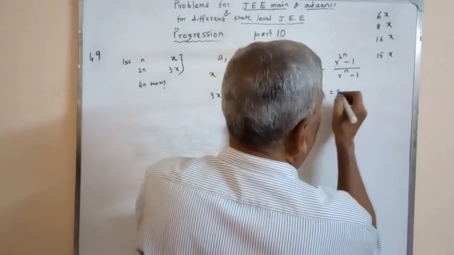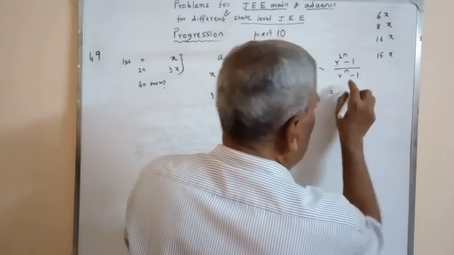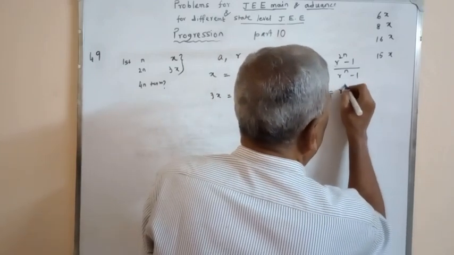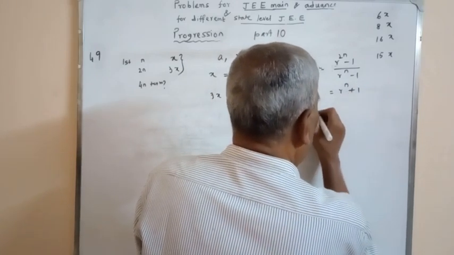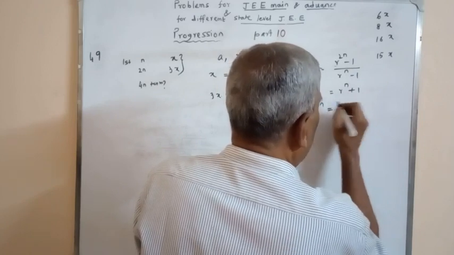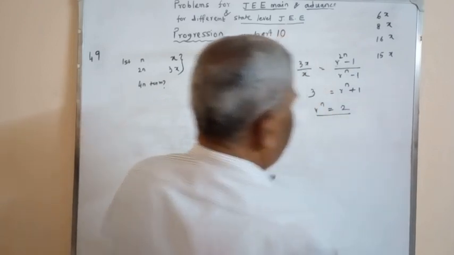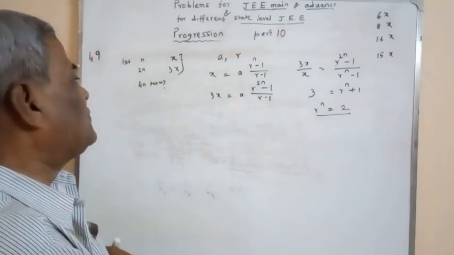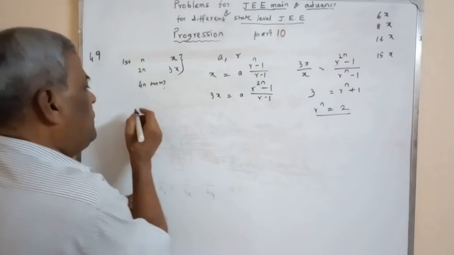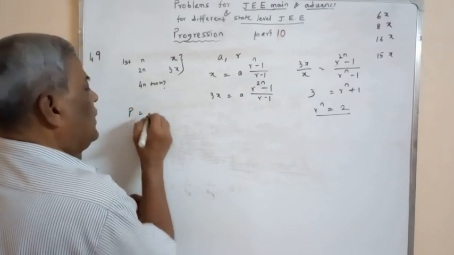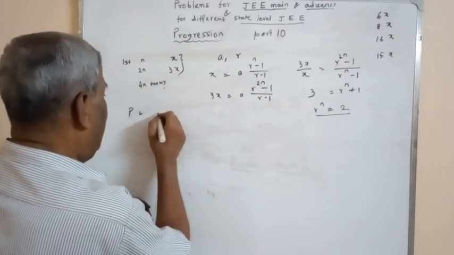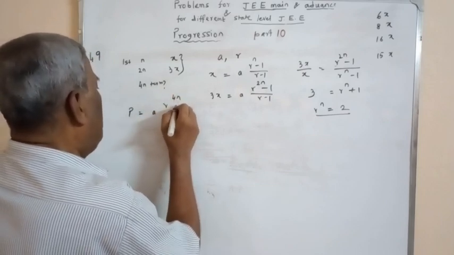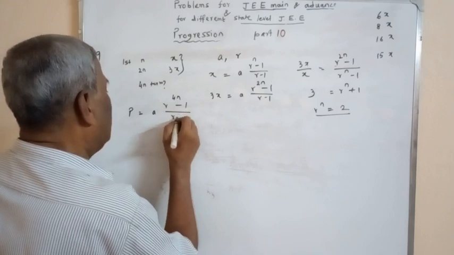So 3 is equal to R to the power n plus 1, after cancelling R to the power n minus 1. So R to the power n is equal to 2. Suppose we have to find the sum of the first 4n terms. Suppose it is P. P is equal to A into r to the power 4n minus 1 by r minus 1.